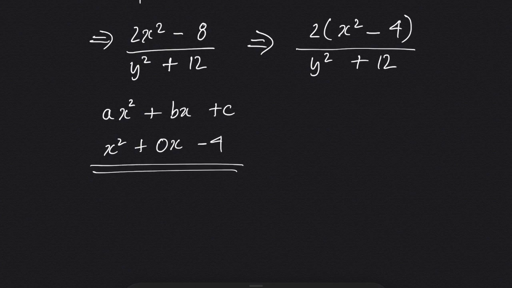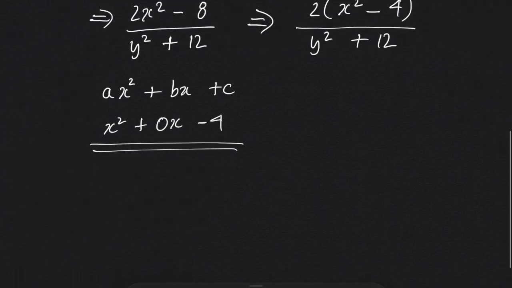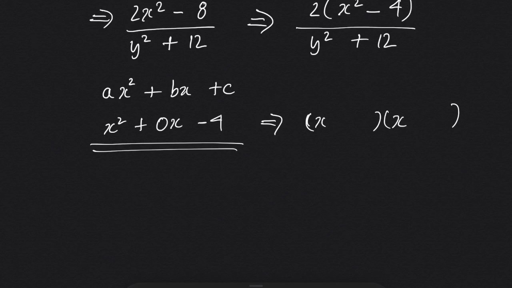Now we get our 2 brackets out and we want to find 2 sets of brackets. We notice we have a negative, so that means we'd have a plus and a minus. And then we also want to get to minus 4. So we need numbers that when added together equal 0, and when multiplied together equal minus 4.